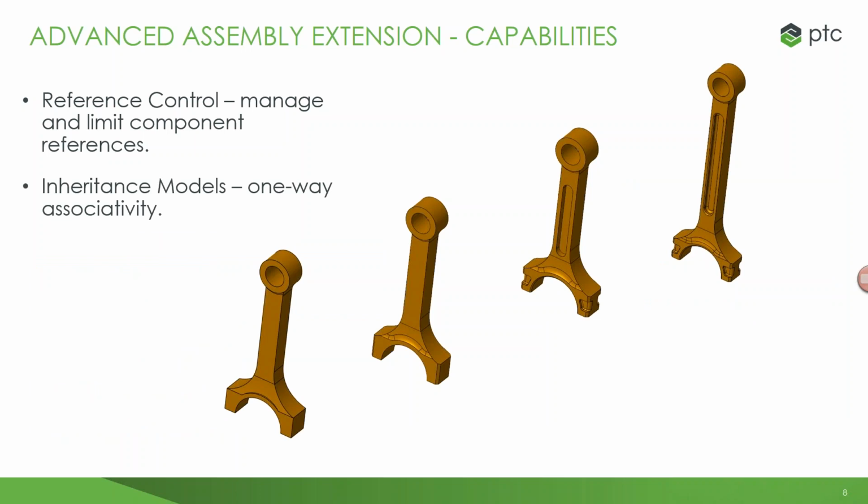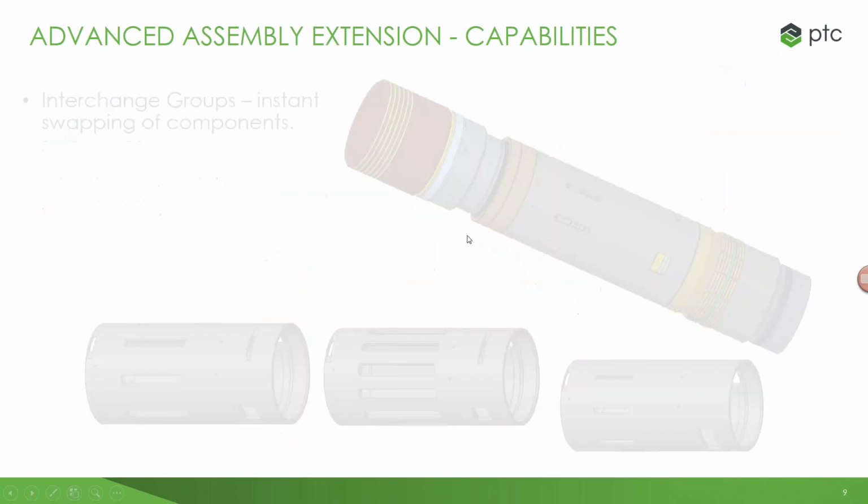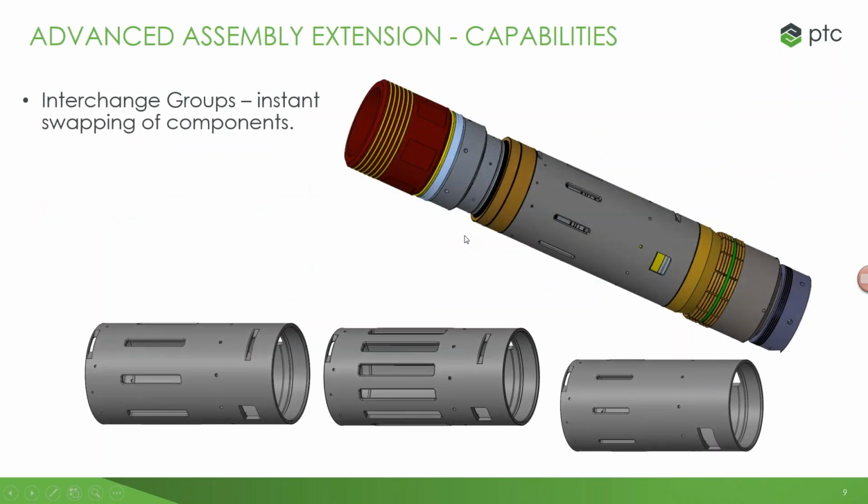Also, you can utilize inheritance models. This is one-way associativity. Let's say you pull in a model, but you don't want to make modifications to that model directly. You can use inheritance, grab all that geometric information, and then make modifications down the line. So it's one-way associativity. You can also do interchange groups, which allows for instant swapping of components.